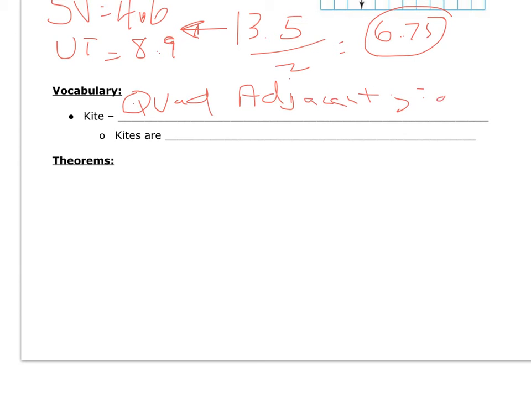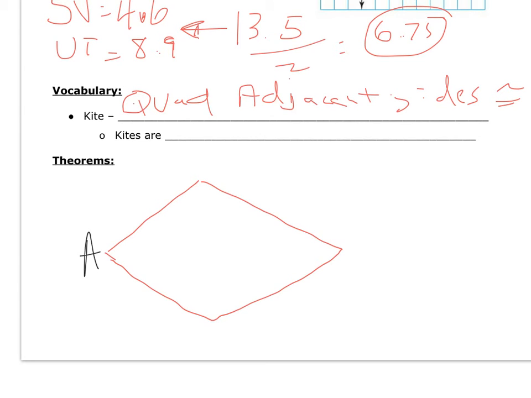I would rather draw this than give you a big wordy definition. A kite is a quadrilateral, so it has 4 sides. We'll call it the kite A, B, C, D.